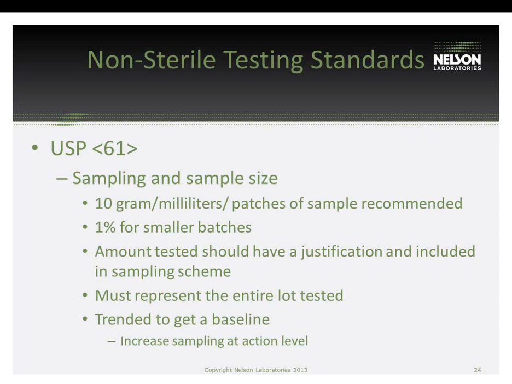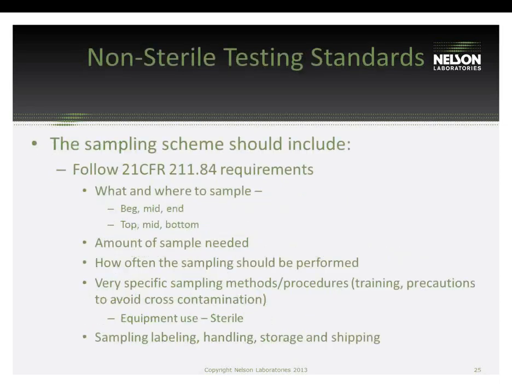But a different amount can be used as long as there's a justification. And the sampling must represent the entire lot tested. And it's always good to trend to get a baseline and increase sampling if you reach an action or alert level.